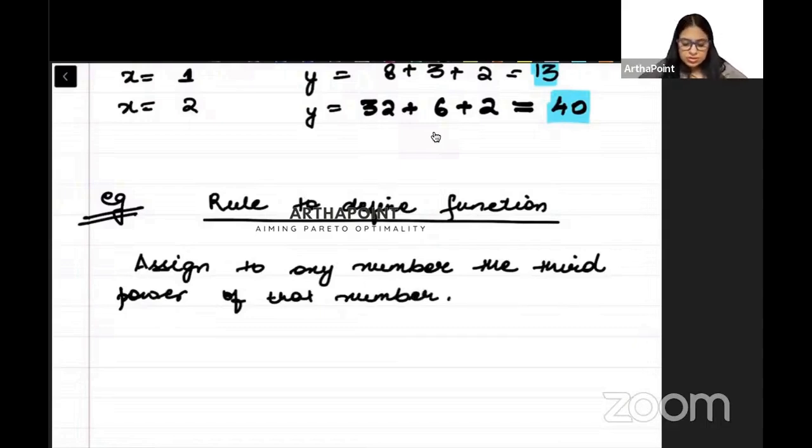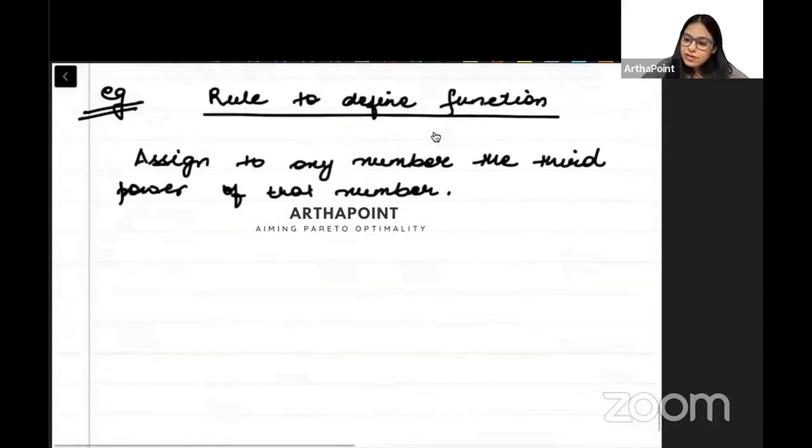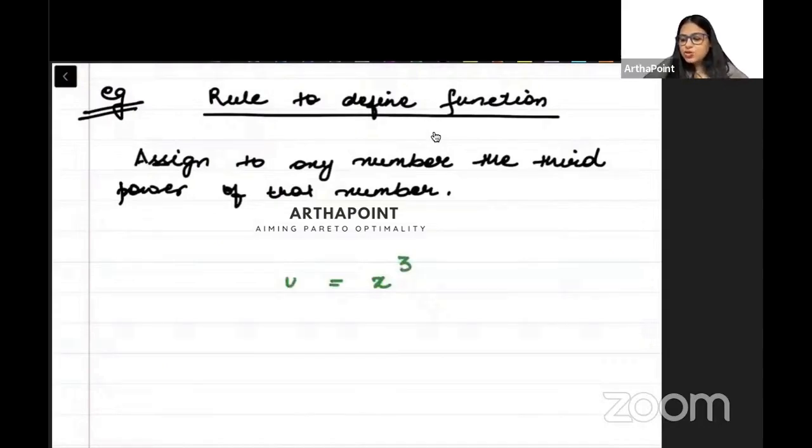Meaning whenever we take any number x and find its third power, that should give us a new number. It should give us a new number.